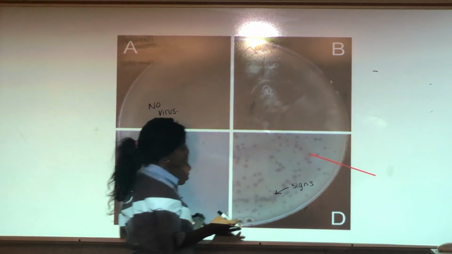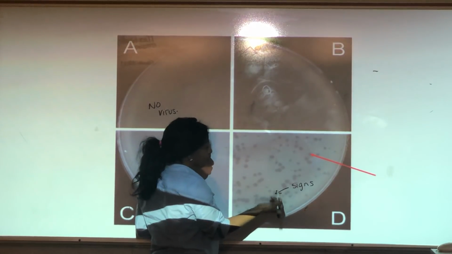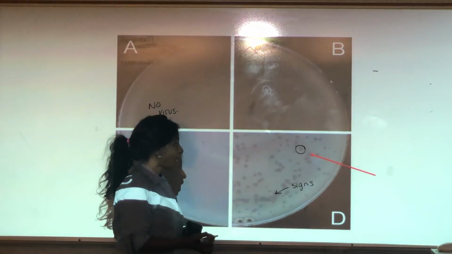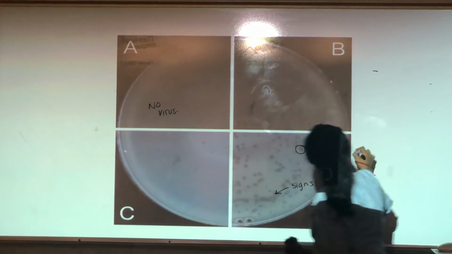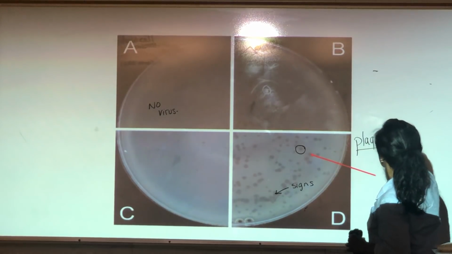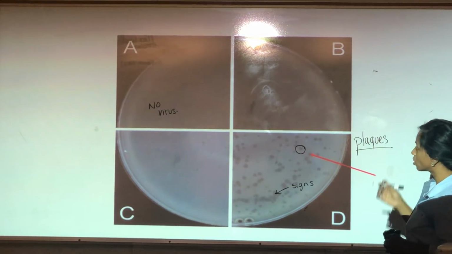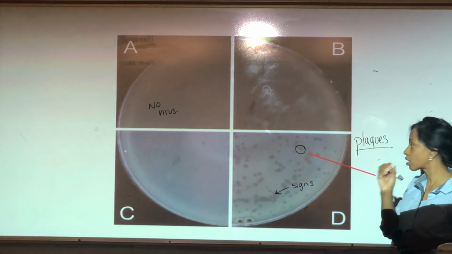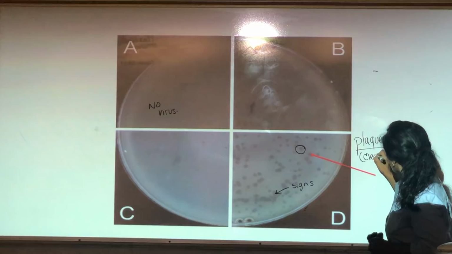But in this case, what we'll see here, if the virus has infected the cells, we'll see these little plaques. And the plaques are going to be these clear areas, so P-L-A-Q-U-E-S, plaques. All right, so they'll look like these, almost like the zone of inhibition, where you see these clear areas.